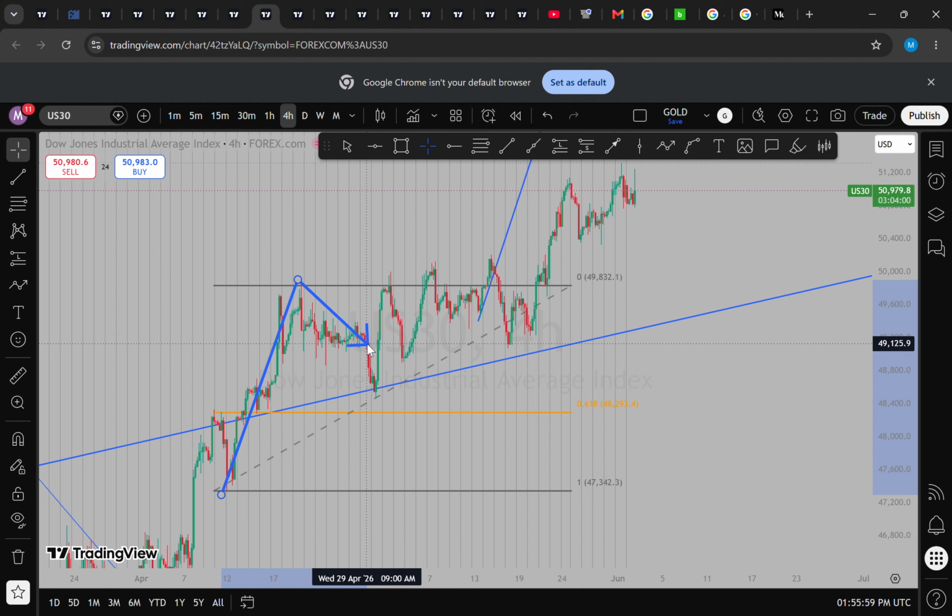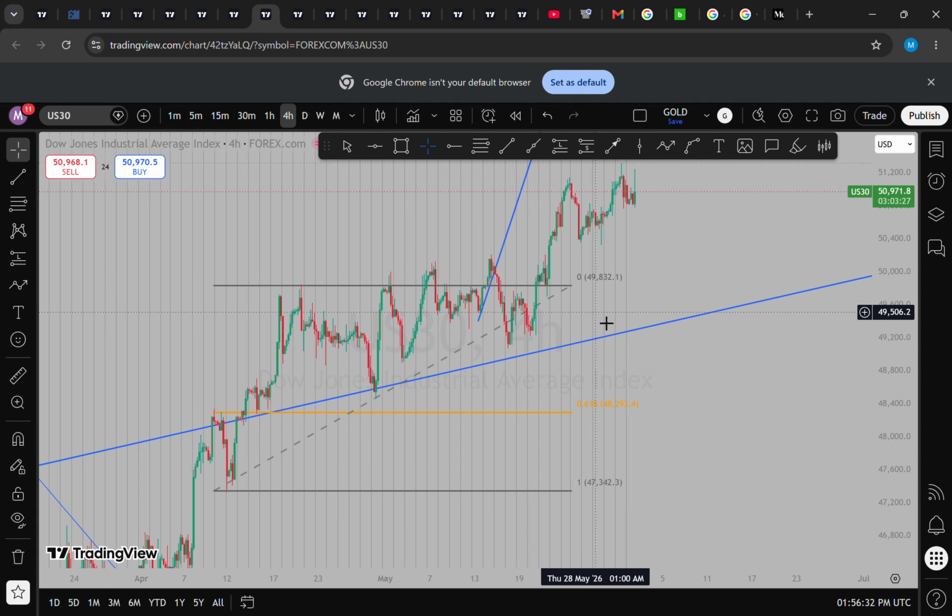But if you have it at the back of your mind that this sell is just temporary, the market is just selling into a 4 hour demand zone, you can see eventually the market reverses from here. I keep buying, I keep buying. So that's why it's very, very important to be able to identify major structure.